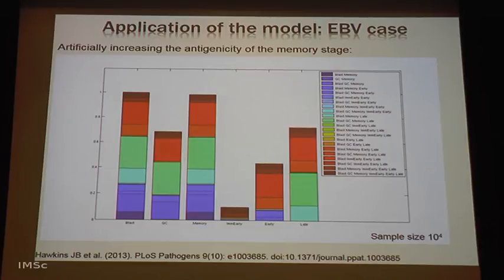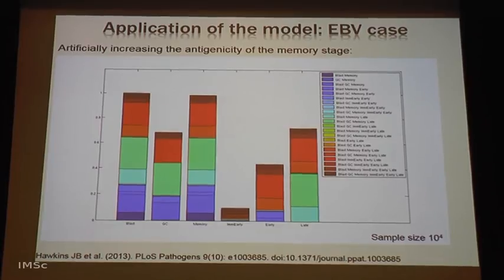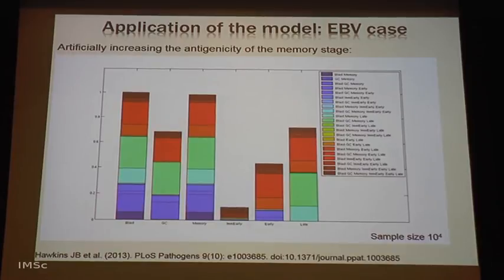So we get something that is stable, meaning that you don't need this invisibility of the memory stage to have a chronic infection. However, the composition of the steady state is completely unbiological.